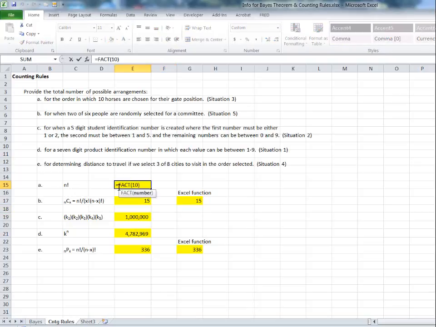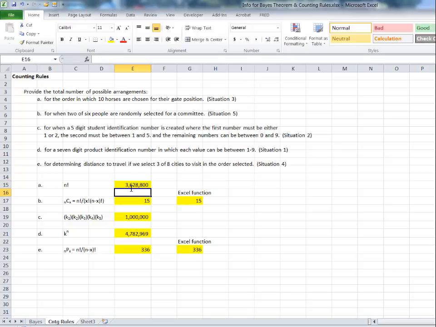And in Excel you use the FACT command, and that would give you 10 factorial: 3,628,800 possible arrangements. So 1 out of that number would be the probability of getting a certain gate for your horse, if you're interested in a particular gate.